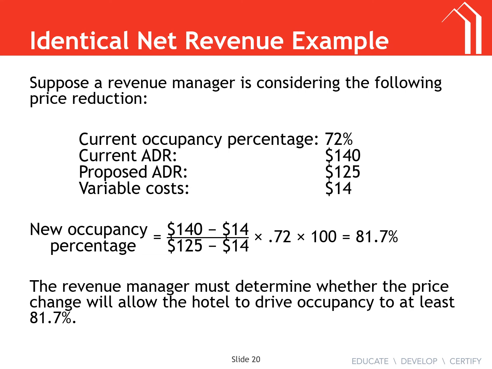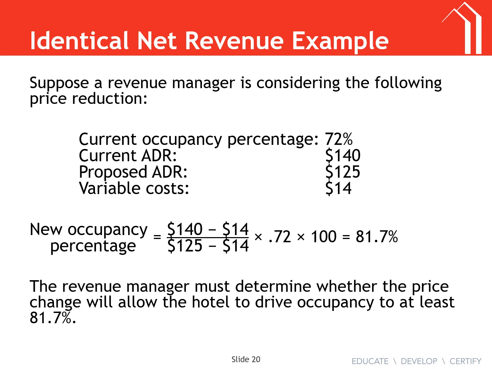And so if we want to maybe consider dropping to 125, it's kind of a drastic drop, then we need to look at this and it'll tell us what occupancy we need to maintain in order to keep that same level of revenue, that identical net revenue, okay? And we use that net revenue because remember, we're taking out our variable costs.